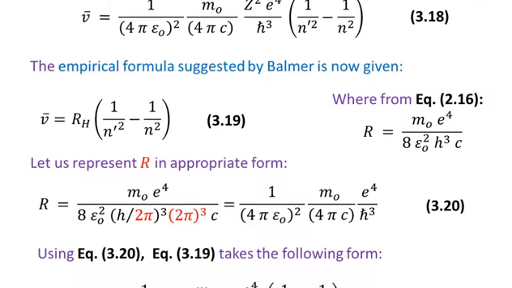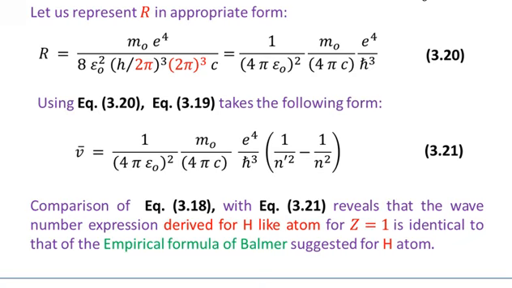So 3.18 and 3.21 are exactly the same. The comparison of equation number 3.18 with equation number 3.21 reveals that the wave number expression derived for the hydrogen-like atom for Z equal to 1 is identical to that of the empirical formula Bohr suggested for the hydrogen atom.